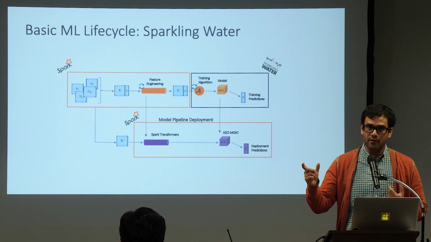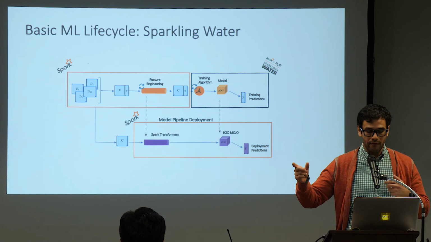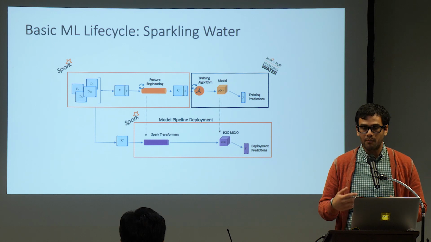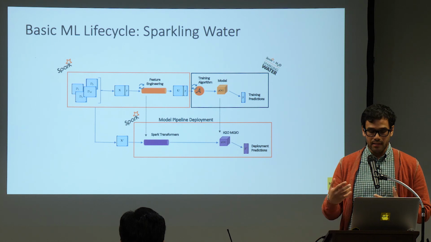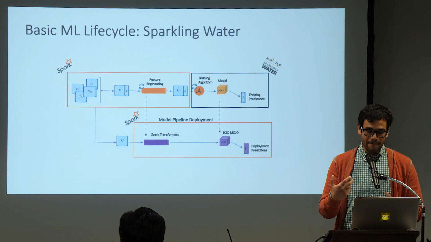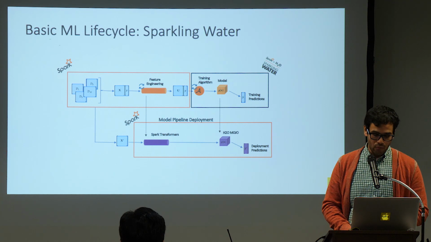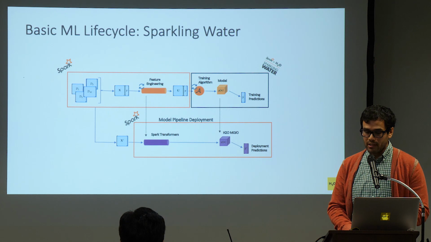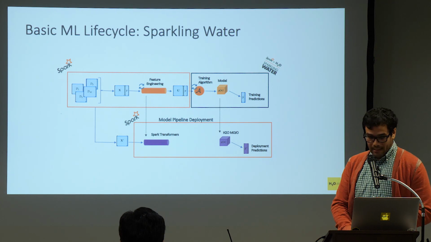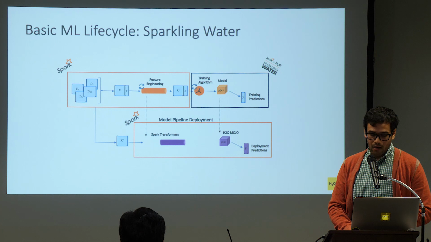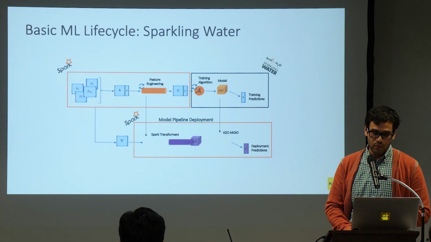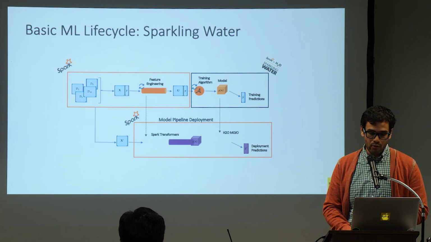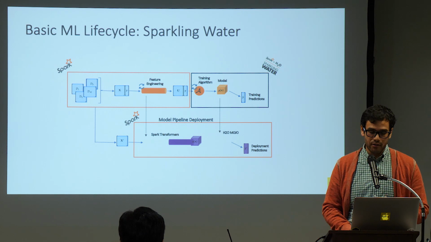Typically, again, you have these two components and you have to route data from one component to another, but because we're using Sparkling Water, it makes this transition, or rather this connection, seamless. So rather than have two components, really what Sparkling Water exposes is this combination of the two, where an H2O MOJO now really is just another Spark transformer.